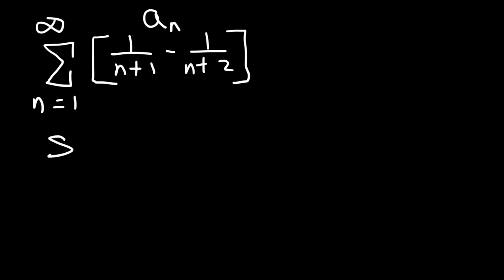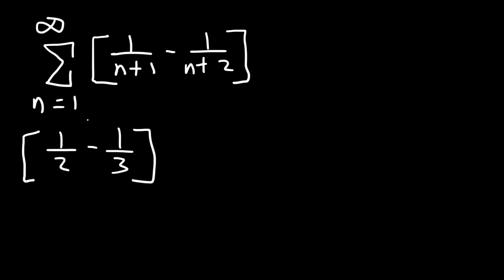Well, let's begin by listing out the terms of the sequence. So the first term, a sub 1, if we plug in 1 into this expression, n plus 1 is 2, n plus 2 is 3. So this entire thing is the first term. Now the second term, a sub 2, if we plug in 2 into n plus 1, that's going to be 3.